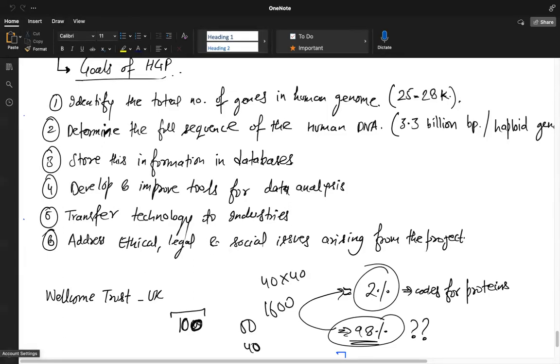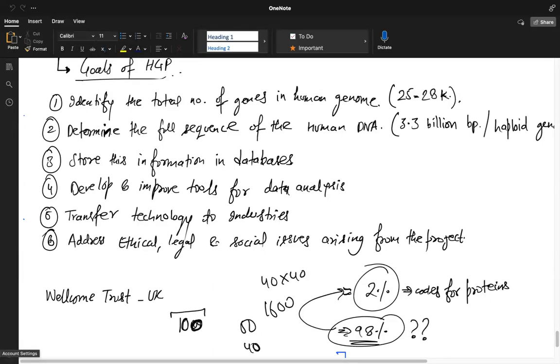So with whole genome sequences coming out, remember I told you when this project was funded to begin in 1990, it was estimated that we will end up using $9 billion. And they gave a green signal to it. Okay, let's do it. But 13 years is a big time.